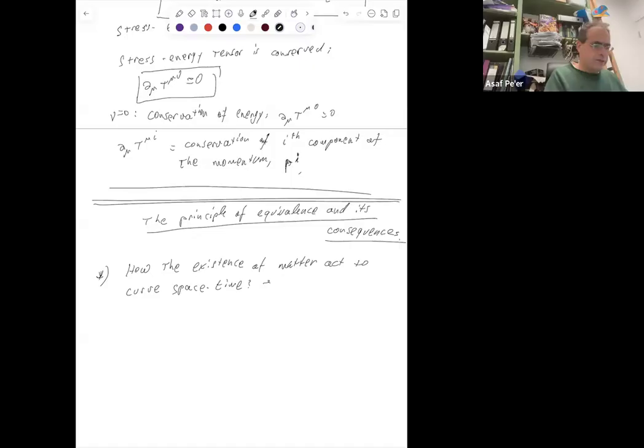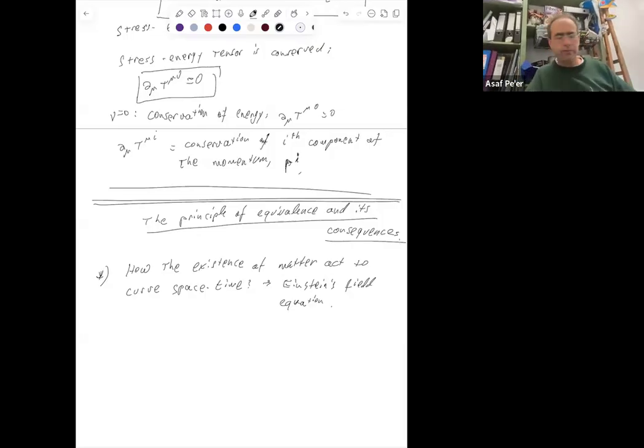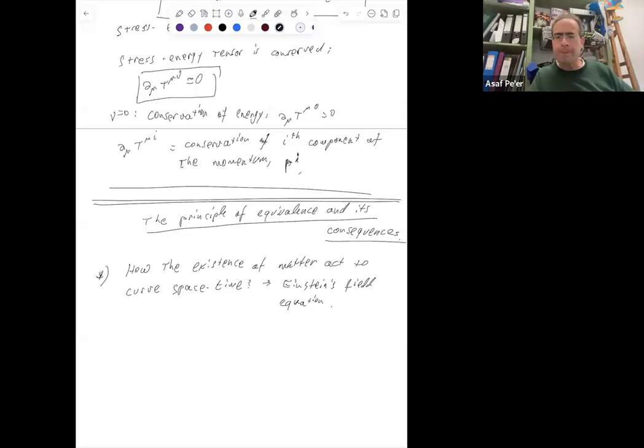And the answer is given by Einstein's field equation. We're going to spend a large part of the semester building the tools that enable us to understand this equation, what it is and how to derive it. And then the second half of the semester will be to solve it in simple cases.